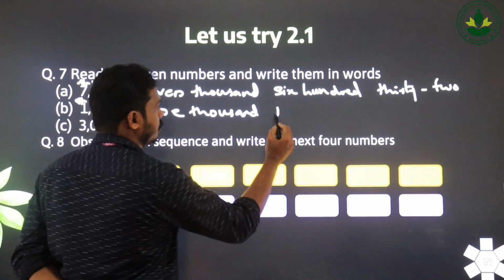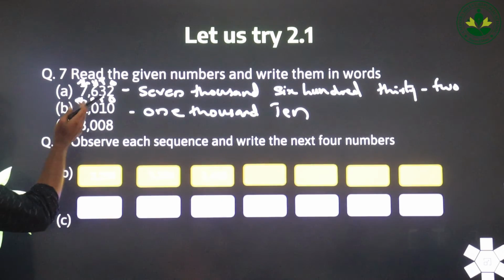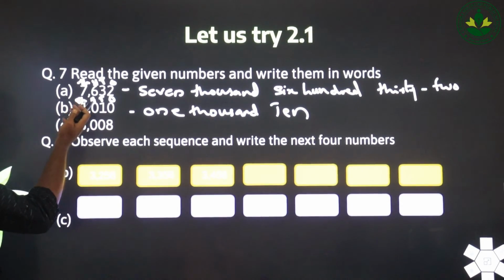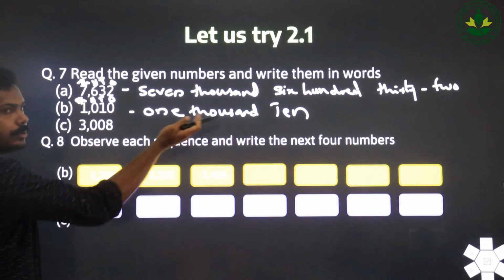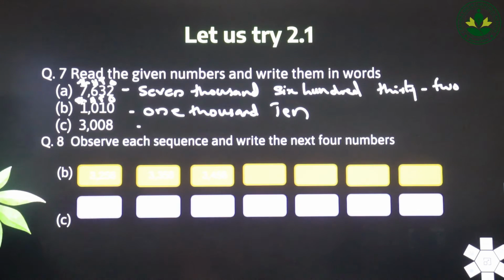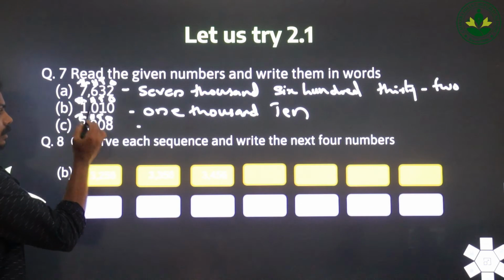So it is 1010. Since 0 is in the hundreds place, no need to write 0 hundreds. Just write 1010.